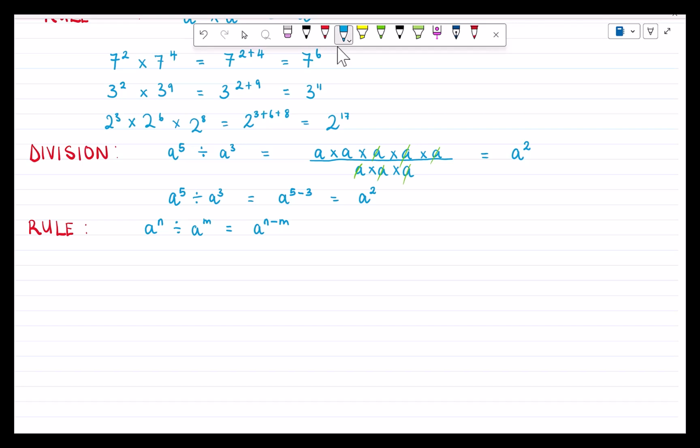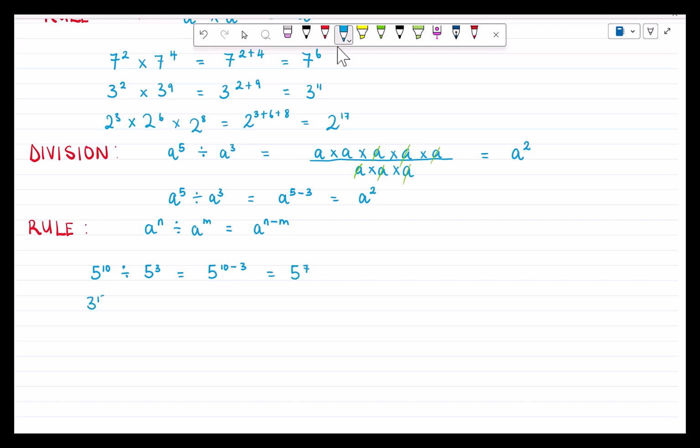Now looking at a few examples, we have 5 to the power of 10 divided by 5 to the power of 3. And we will get 5 to the power of 10 minus 3, which gives us 5 to the power of 7.